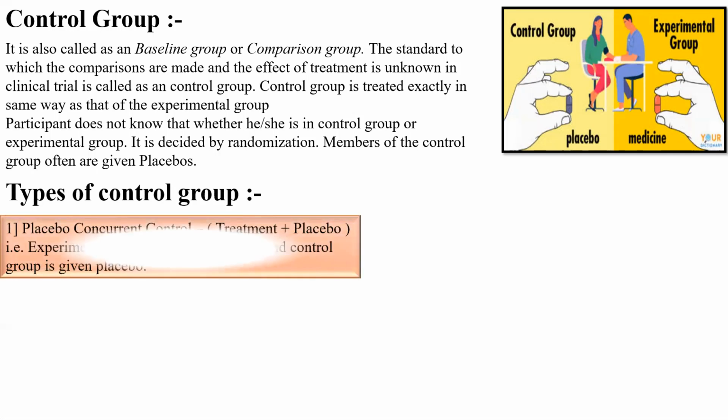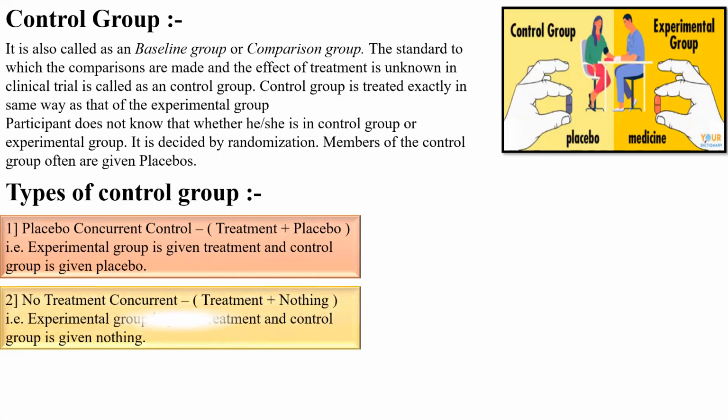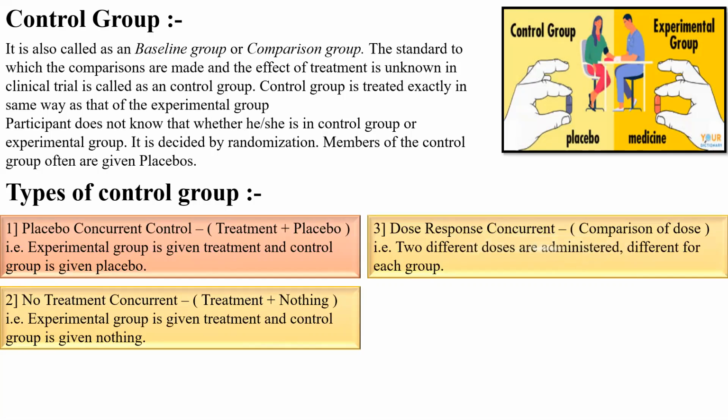Types of control group. First is placebo concurrent control, where the experimental group receives the standard treatment, but the control group receives the placebo treatment. Second is no treatment concurrent, where the experimental group receives the treatment, but the control group does not receive any treatment. Third is dose response concurrent, where two different doses are administered and then compared.